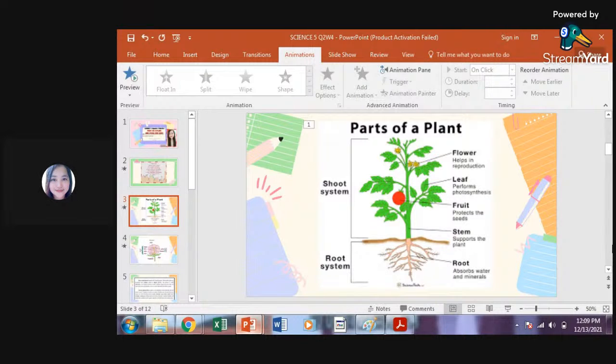As you can see, here are the different parts of a plant, and it is divided into two. The first one is the shoot system: flowers, leaves, fruits, and stems. So what is a flower? The simplest function of a flower is it helps in reproduction.